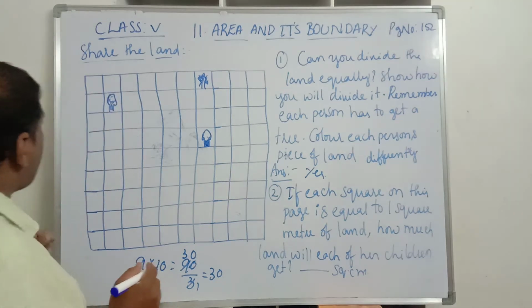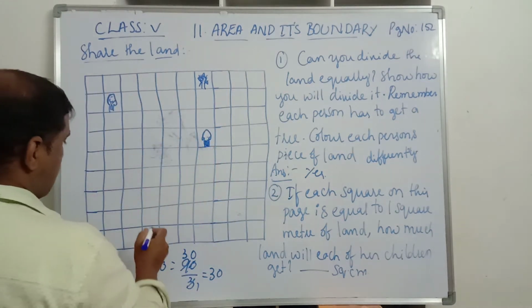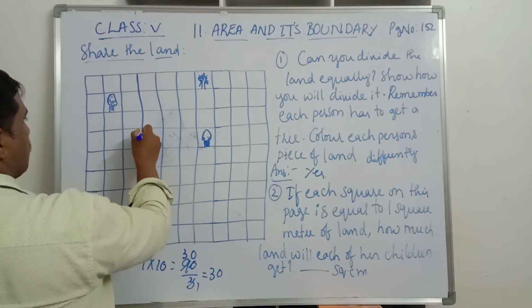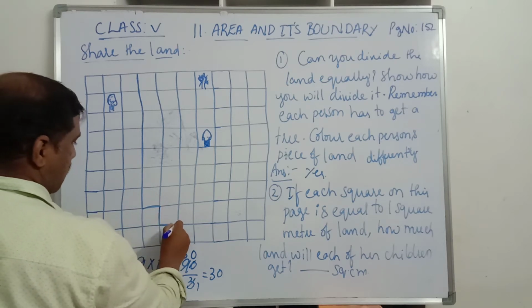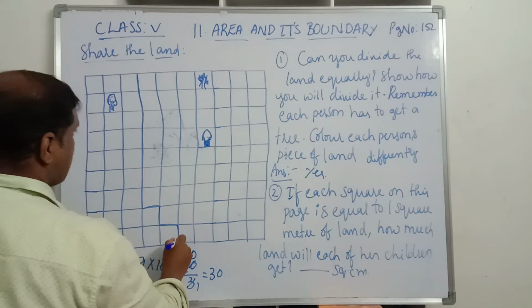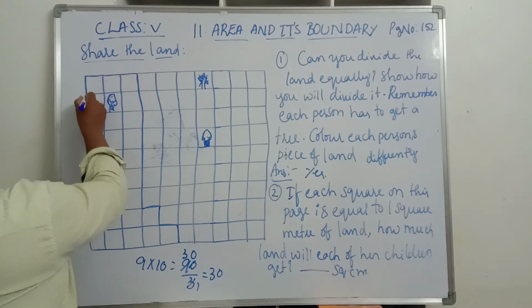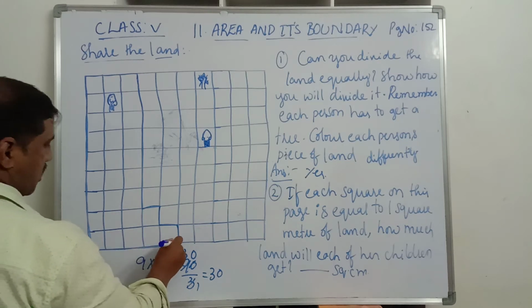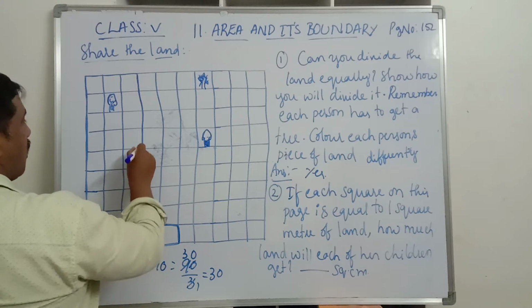Now I will show you here. See this, what I made here. It is like this. I'm darkening like this. This is the land which one child will get. Are you able to see? Now you count how many are there.